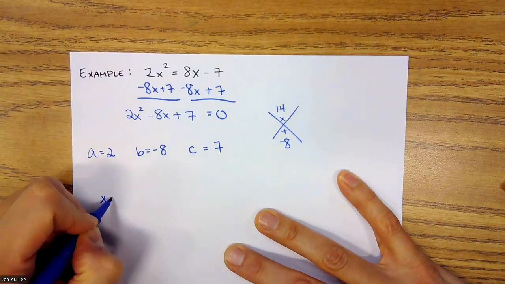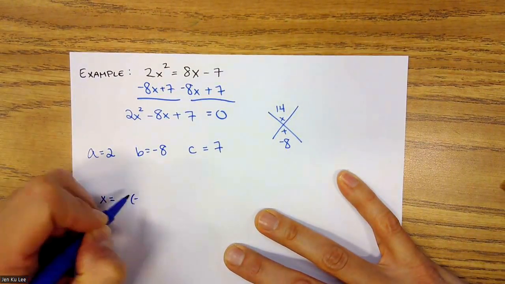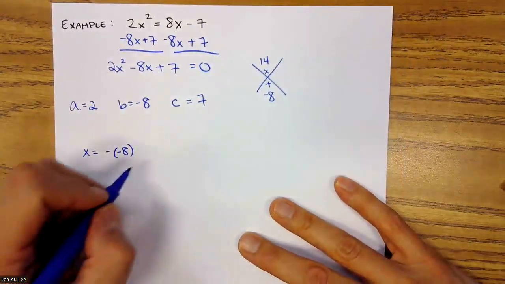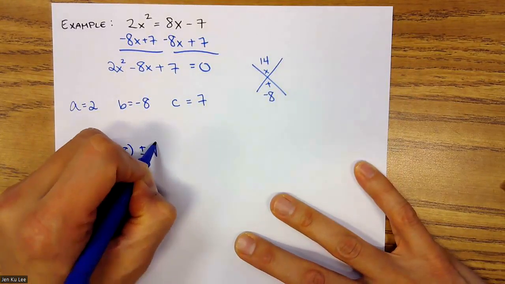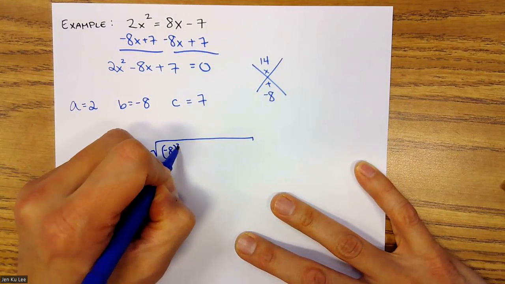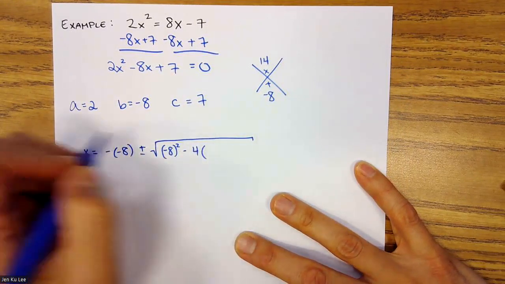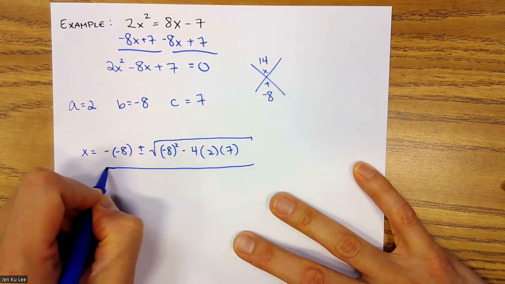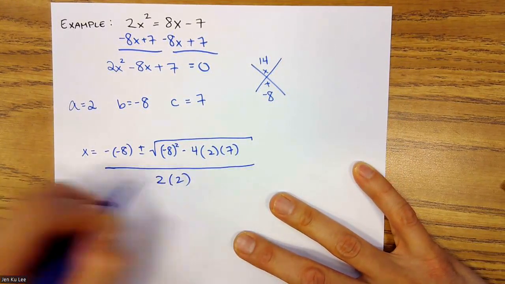So X equals negative B, so it's negative 8, plus or minus the square root of B squared minus 4AC, all over 2A.